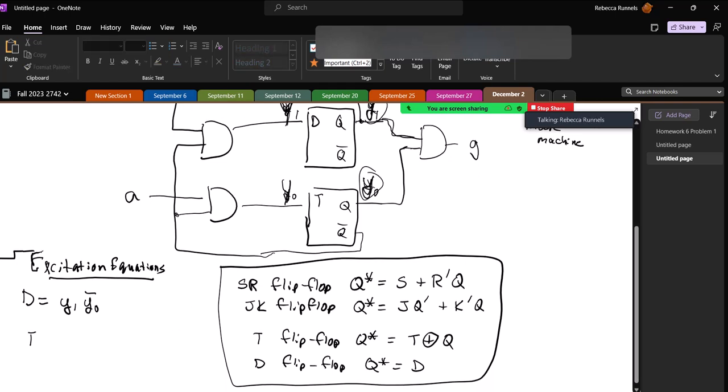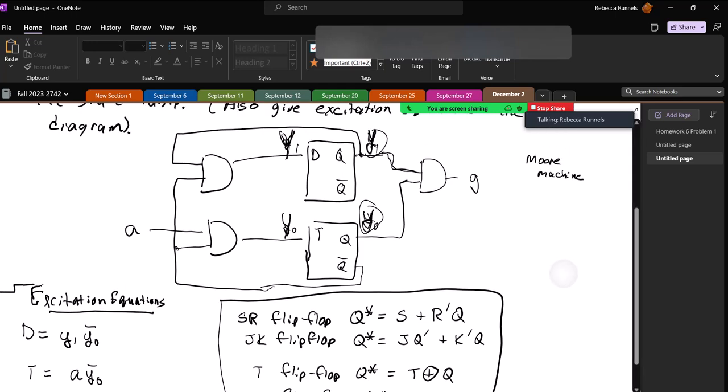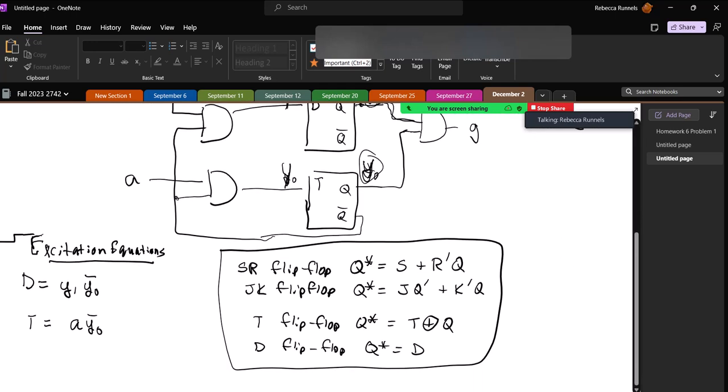And T equals the AND of A and not Y0. Did I get that right? Yes, that's right.